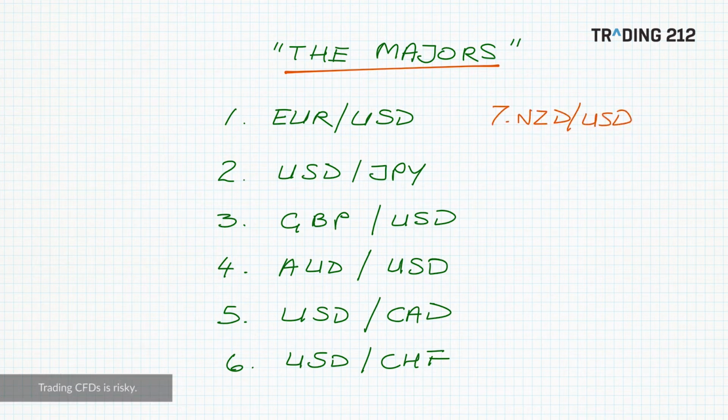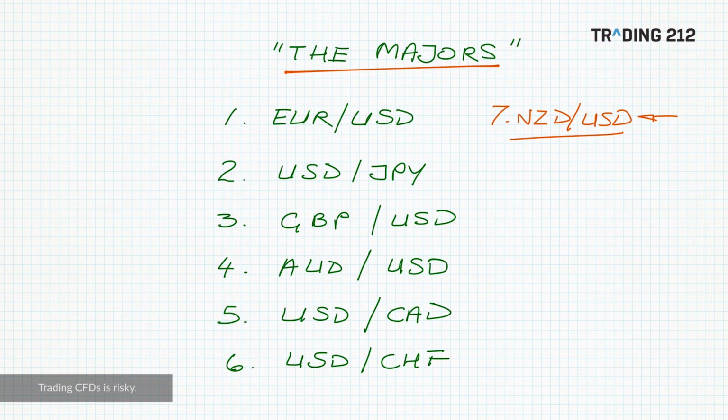And indeed, as you'll see when we look in Trading 212's app, this pair is listed there under the majors. The reason I don't include that pair in my list is because its traded volumes aren't actually that high. The turnover in this currency pair is comparable to the US dollar against the Singapore dollar and less than the US dollar against the Mexican peso, for example.